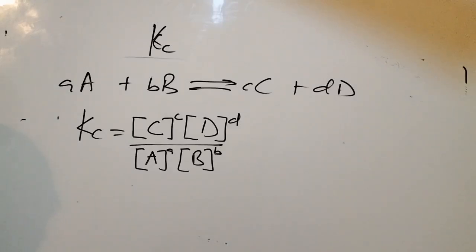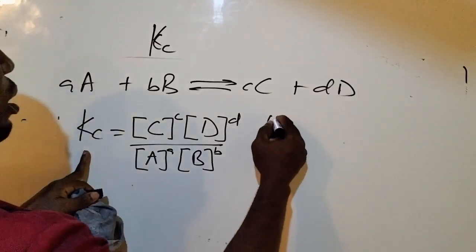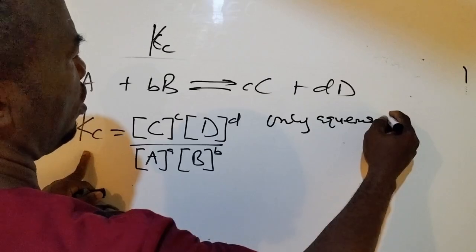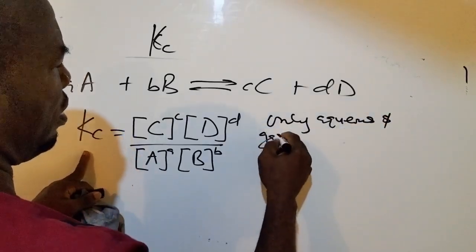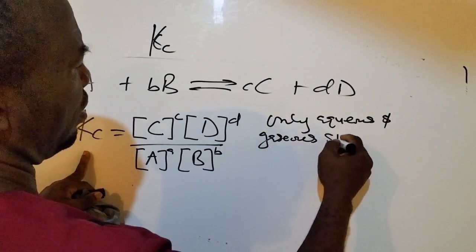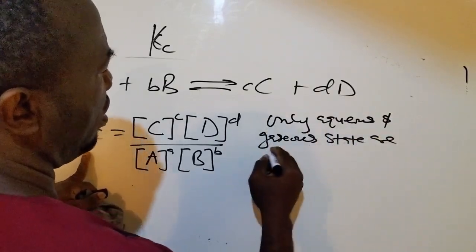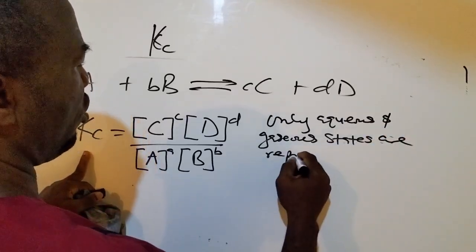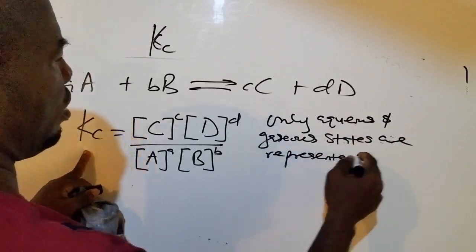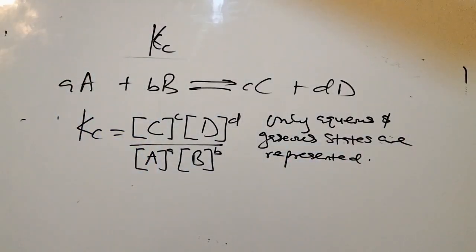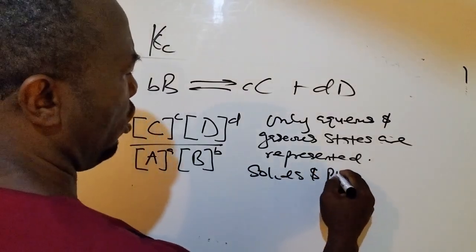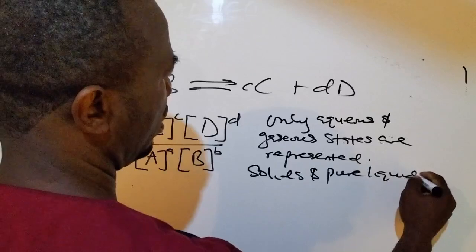But mind you, when you're writing Kc, only aqueous and gases or gaseous state are represented. We only represent substances that are in aqueous state and in gaseous state. You don't represent solids, solids and pure liquids like water in liquid state.